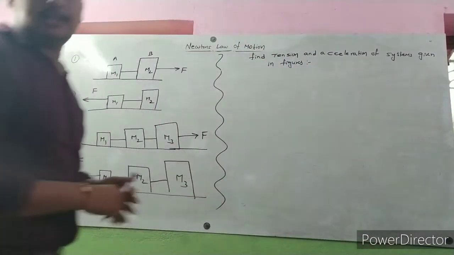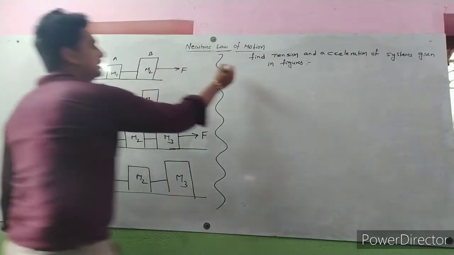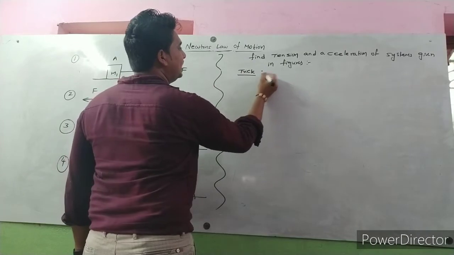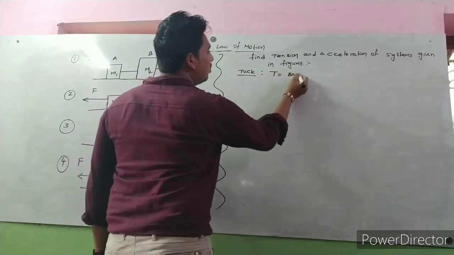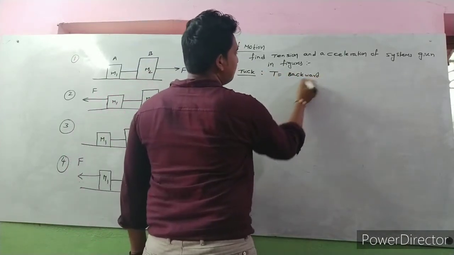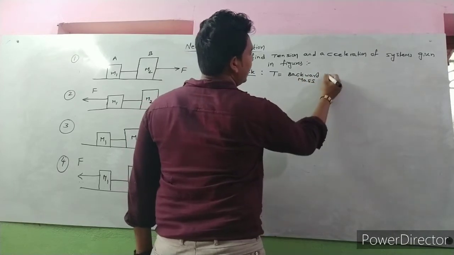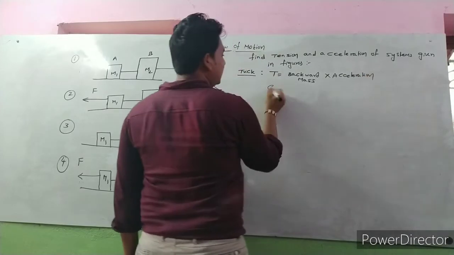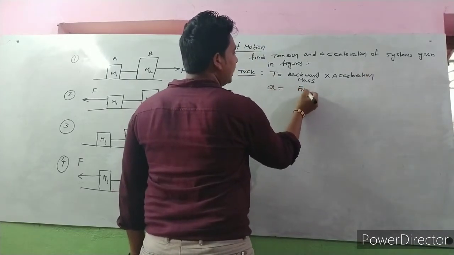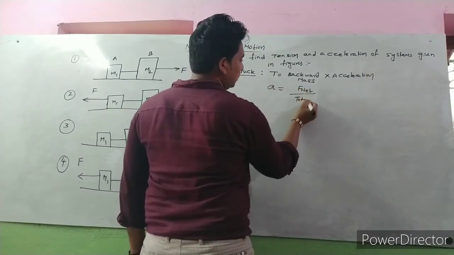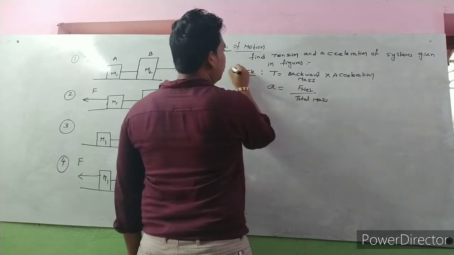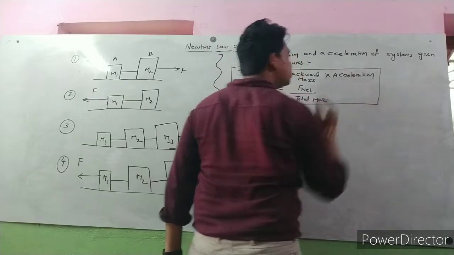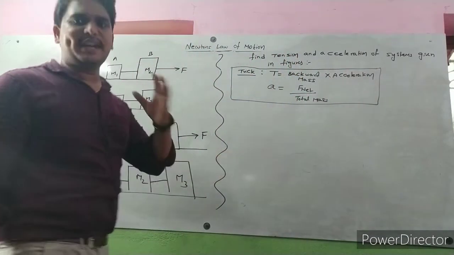The trick for finding tension: tension is equal to backward mass into acceleration. Acceleration is equal to net force by total mass. If you know these two formulas, then it is easy to solve any type of question.